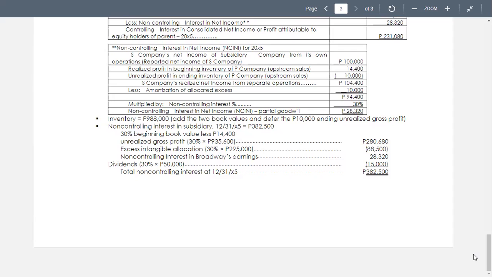Okay, so we now have the consolidated net income computations for 20x4. Now begin with P company's net income from own operations given as 3.6 million.